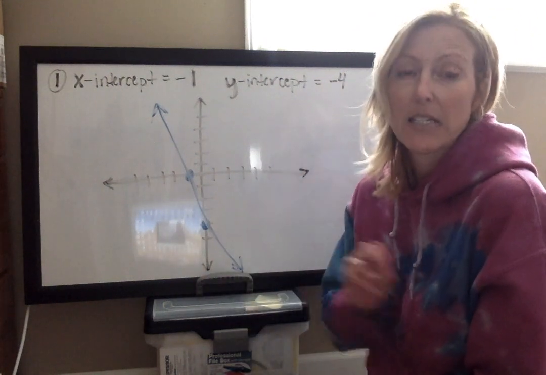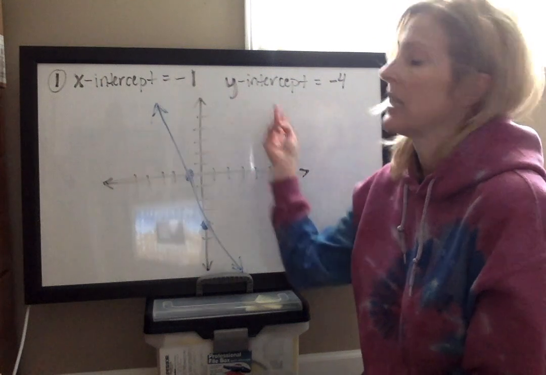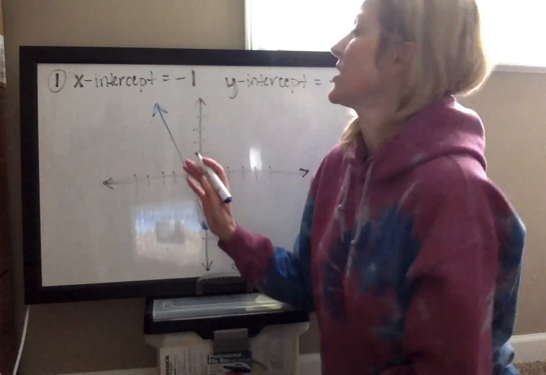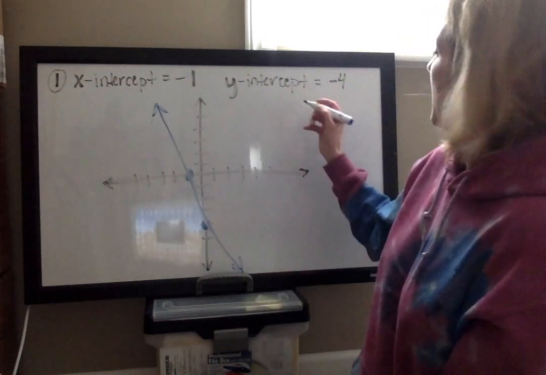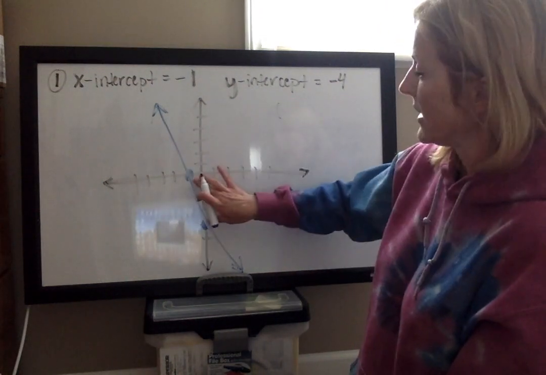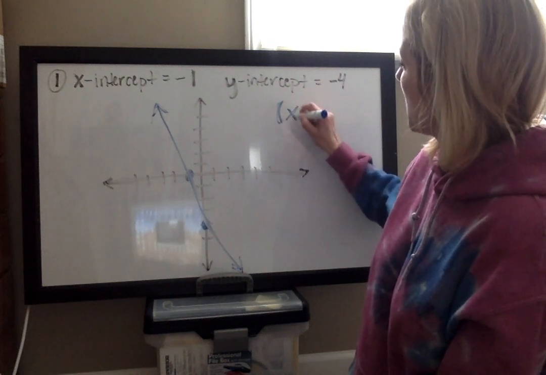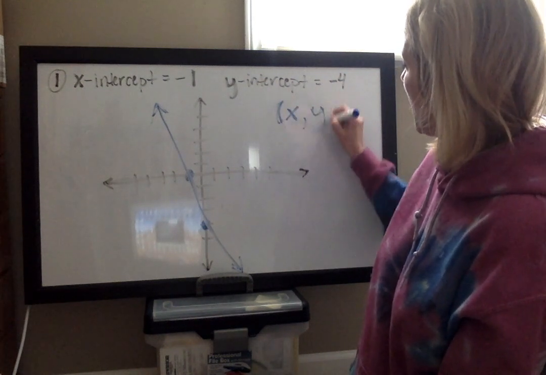Now, the second thing it says is to put your intercepts in ordered pair form. Ordered pair form, just to remind you, is when you write your point with the x number going here and the y number going here.